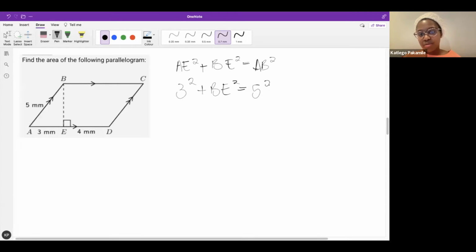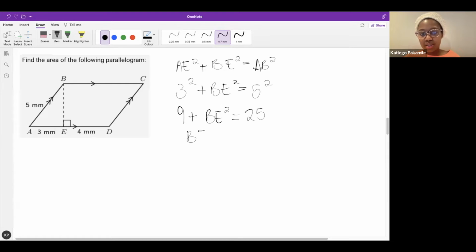5 squared. So someone said, can we first square before we transpose? I'm going to do it here so that you can see that it's possible. It's allowed. So this is 9 plus BE squared equals how much? 25. Okay, now we transpose our 9.